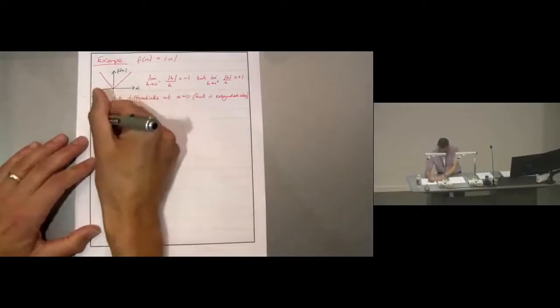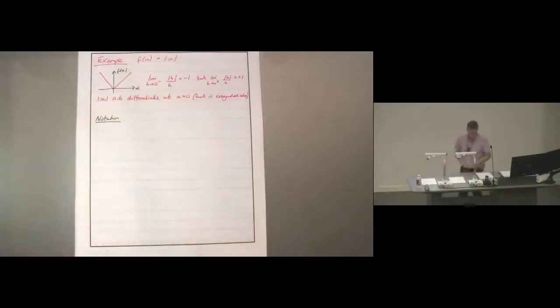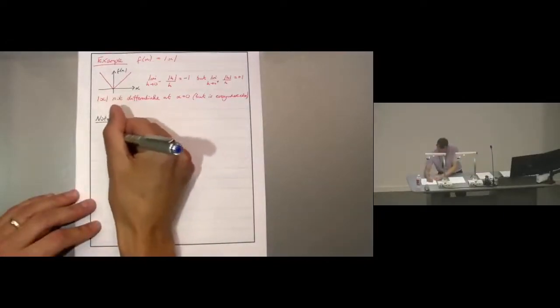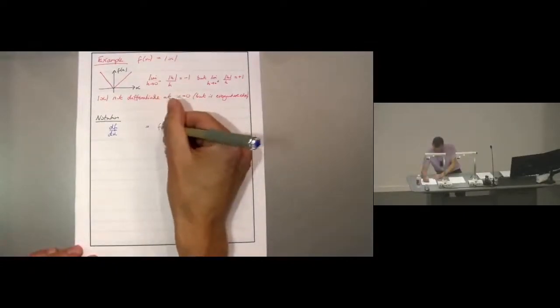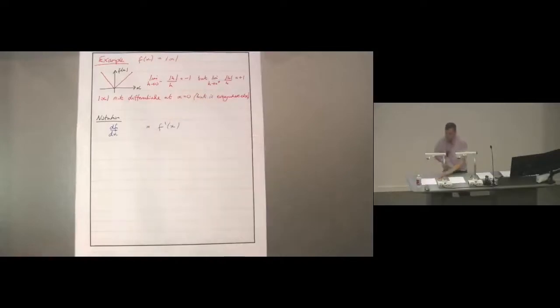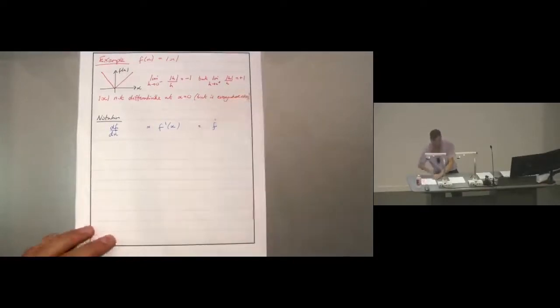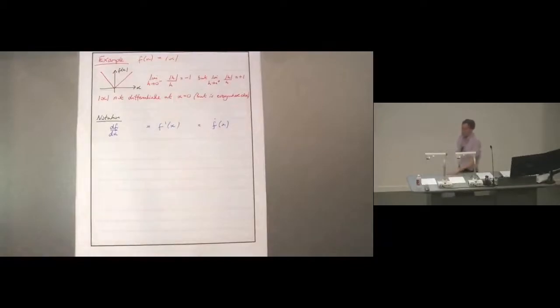Okay, let me just give you a little bit of notation. So far we've been writing derivatives in the form df dx. An alternative notation is to use this prime notation, so f prime of x, and sometimes, particularly when the argument is time, we use an over dot instead, so f dot.